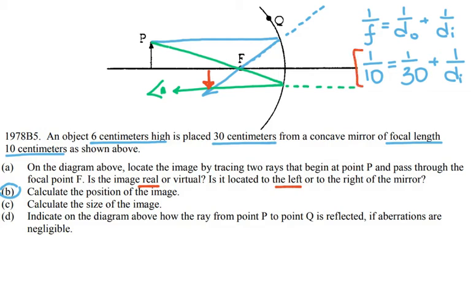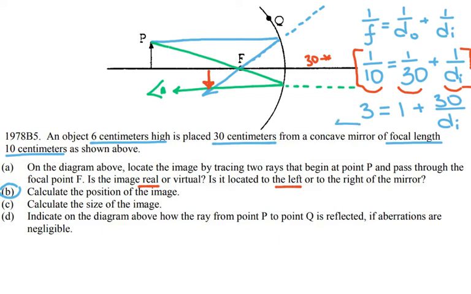The common denominator is 30, so I'm going to multiply every single term, all three terms, by 30. When I multiply 1 over 10 by 30, I get 3. When I multiply 1 over 30 by 30, I get 1. And when I multiply 1 over d_i by 30, I get 30 over d_i.